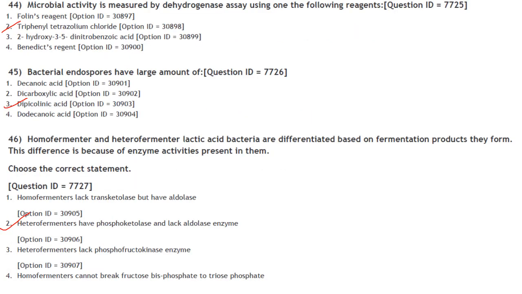Then microbial activity is measured by dehydrogenase assay using one of the following reagents. So which is the reagent? Dehydrogenase activity can be measured using different tetrazolium salts, that is 2,3,5 triphenyl tetrazolium chloride.